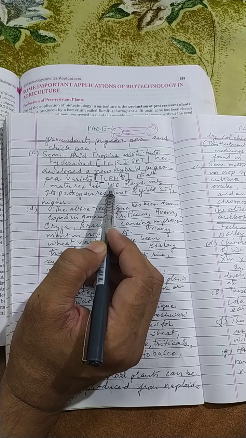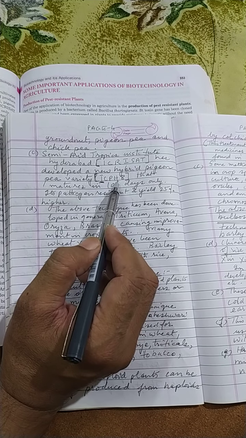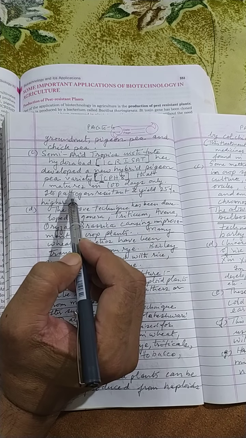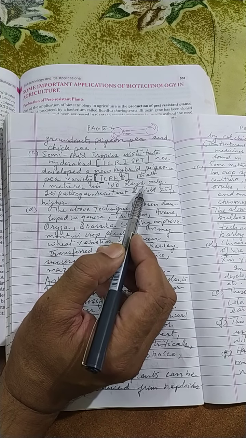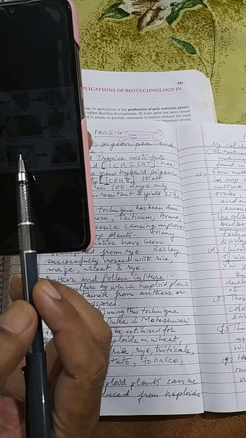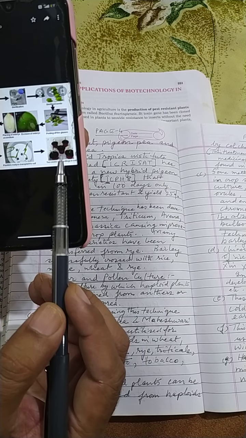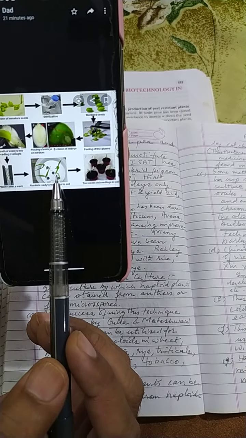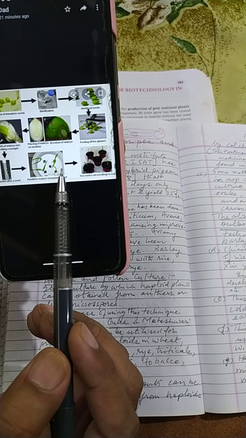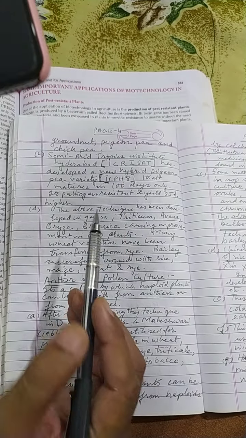This is a pigeon pea variety developed in Hyderabad, and it matures in 100 days in place of 200 days, and it is a much more yielding variety which yields 25% more than the normal variety yields.